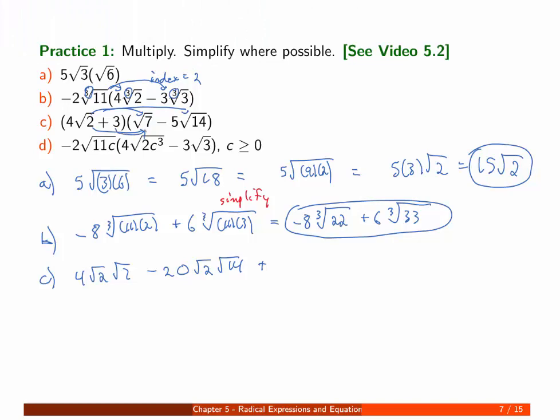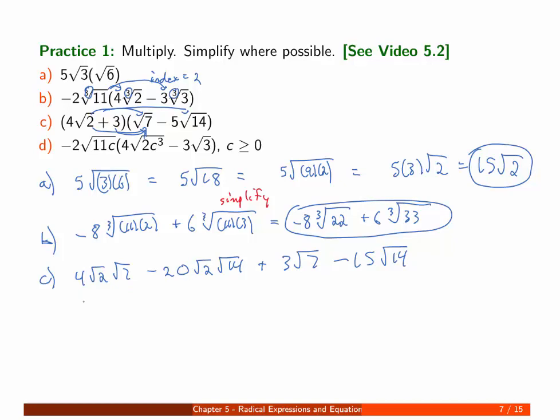You're going to go 3 times root 7. And you're going to get 3 root 7, and then you're going to get negative 15 times root 14. Okay? So, to simplify this, root 2 times root 7 is going to be root 14.